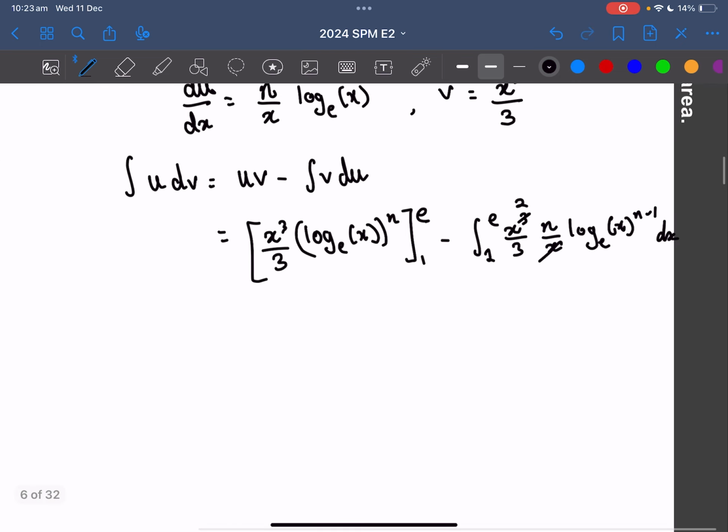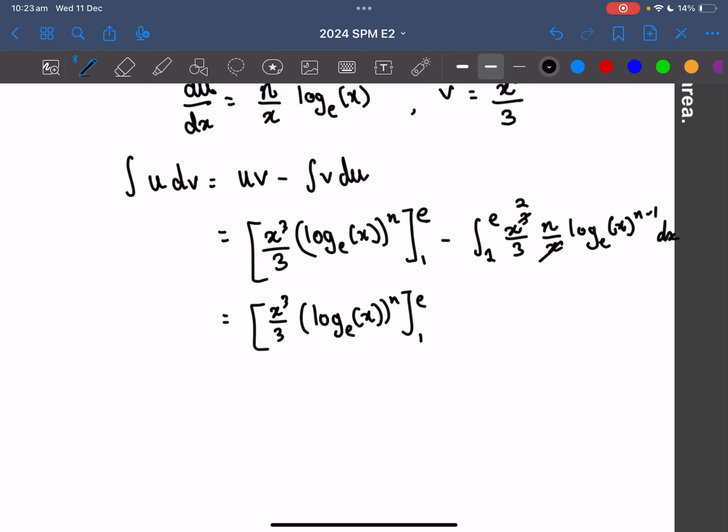Okay, so let us simplify this again. So x cubed on 3 take away (log base e of x) to the power of n from 1 to e, and then this will be from 1 to e of x squared on 3 times (log base e of x) to the n minus 1 dx.